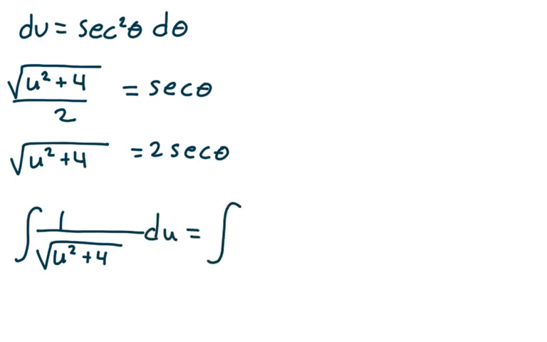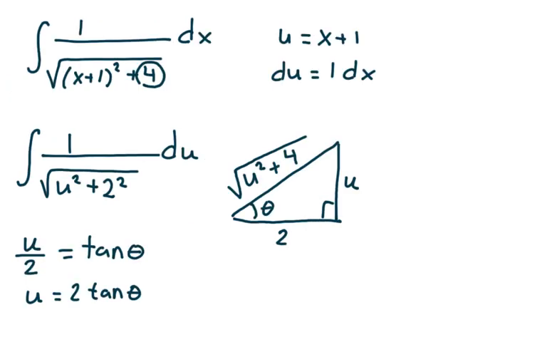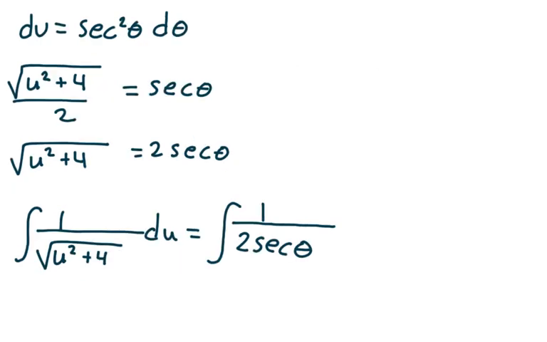is equal to the integral of, now I'm going to get 1 over, right? The square root of u squared plus 4 is 2 secant theta. Okay. Now remember, u is equal to 2 tangent theta. So there should be a 2 here.